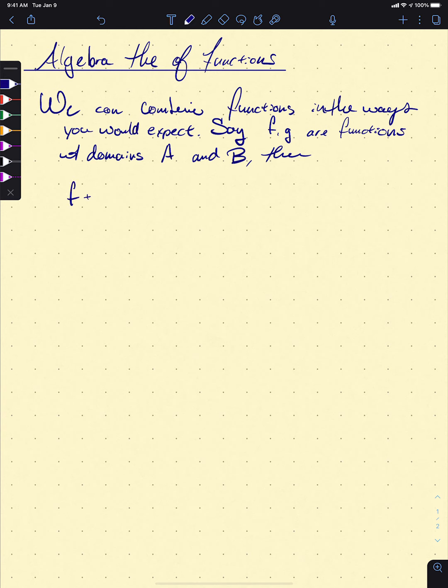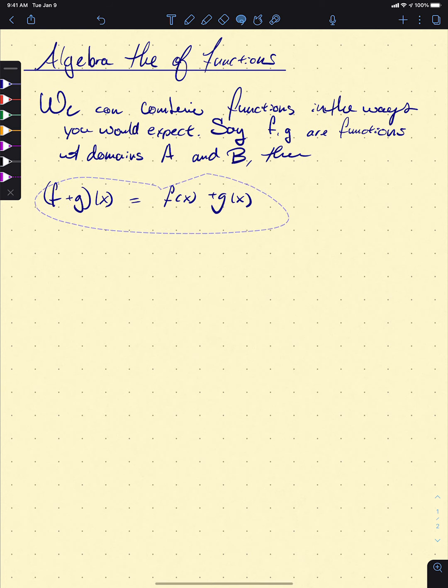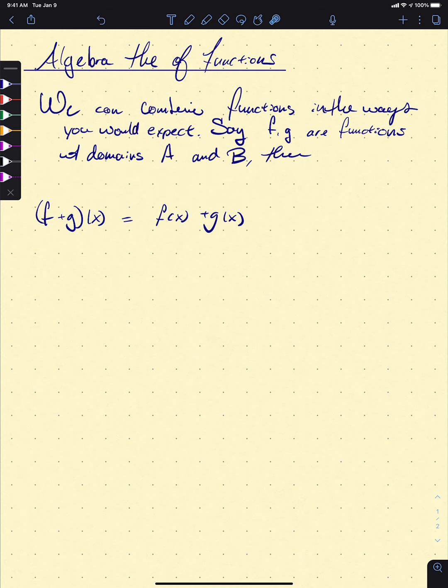Okay. We can add the functions, and when we add the functions, well, we add the outputs. A thing that I want to draw your attention to here is that there's two sorts of addition happening here. This is an addition of two functions, and the addition of two functions is defined by adding their outputs.